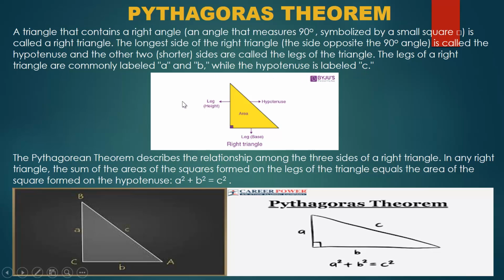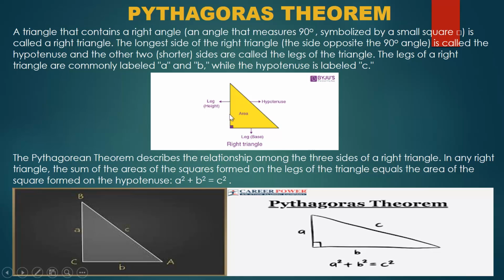So we can see the diagram of the right angle triangle. In this right angle triangle, this is the 90 degree angle. The Pythagoras theorem tells us that the side opposite to the 90-degree angle is the longer side, and this side is called the hypotenuse.